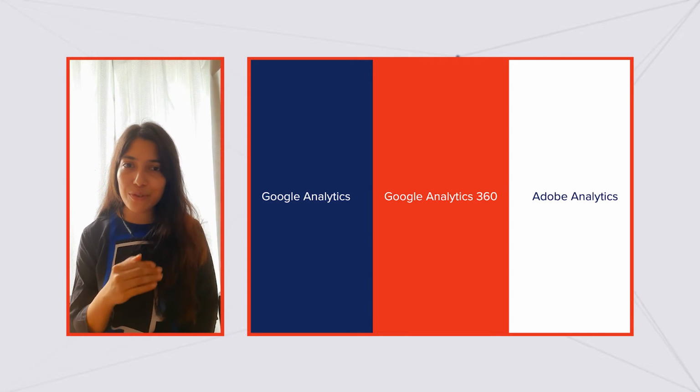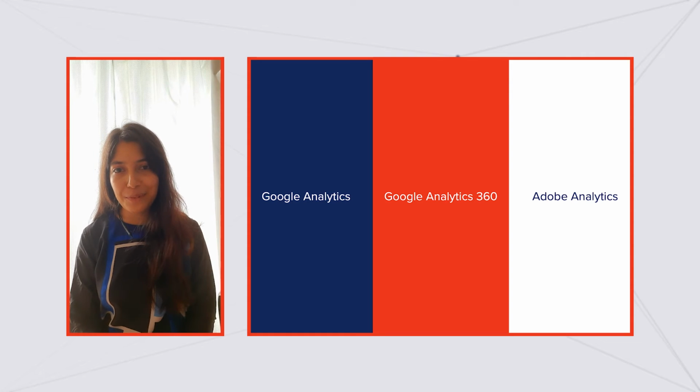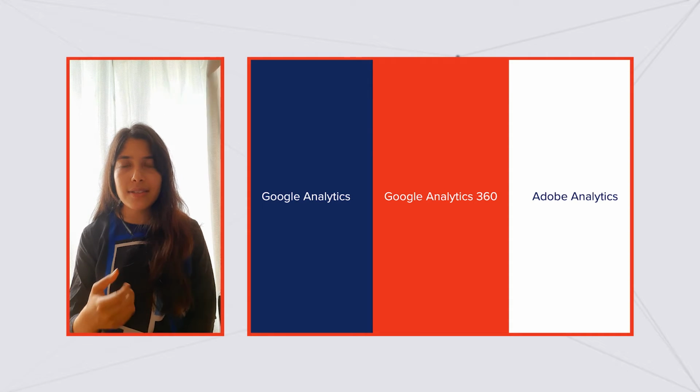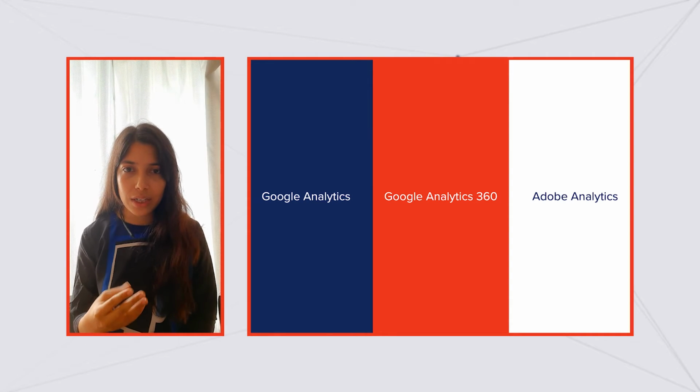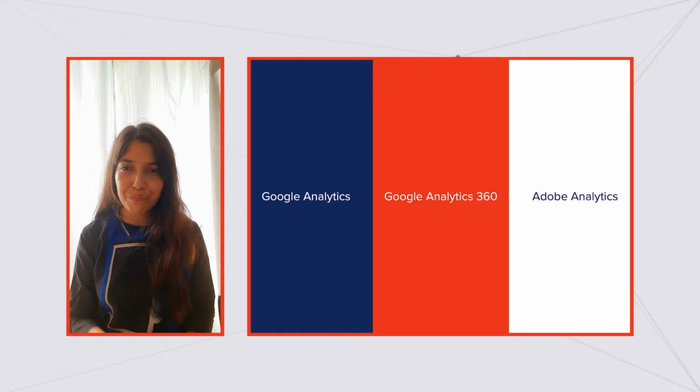I know the price difference is quite enormous, but the additional features that GA360 has to offer, I think, are worth it. While depending on your traffic and your business needs, Adobe Analytics has 3 different plans to offer you.